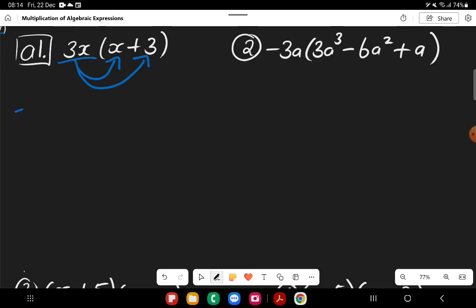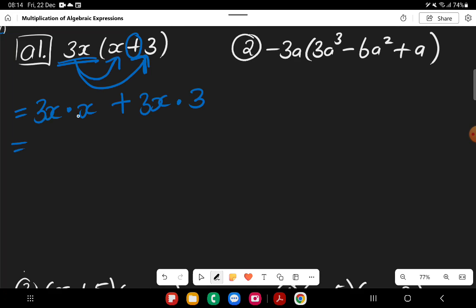So this means I'm going to say 3x, which is on the outside, times x, which is on the inside. That's my first arrow. And I'm going to add it with this plus sign here. 3x, which is on the outside, times 3, which is the second inside the bracket.